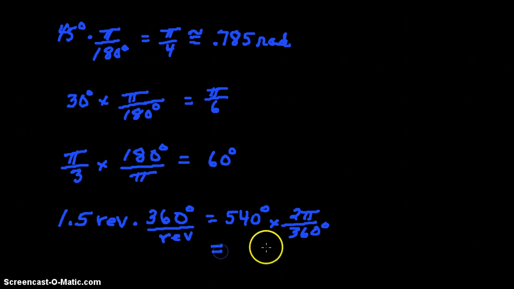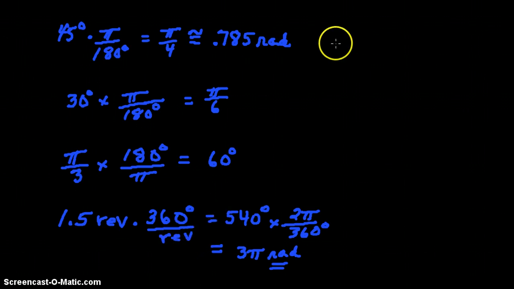So anyway, that would be 3 pi radians. 180 into 540 is 3. So this is a good conversion factor to know too, that either 2 pi radians is a revolution or 360 degrees is a revolution.